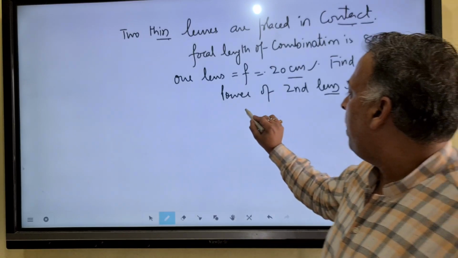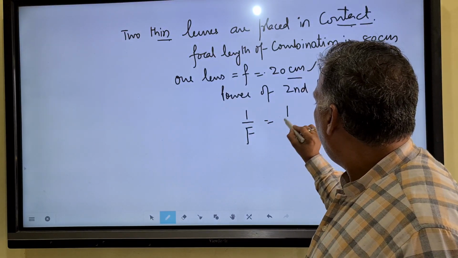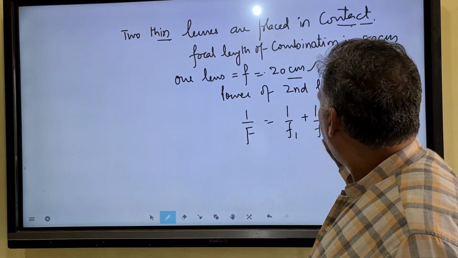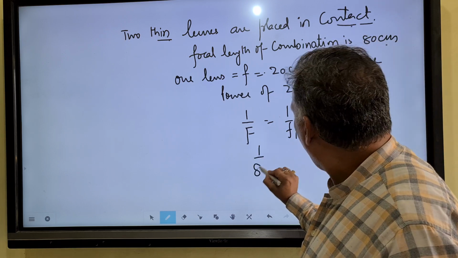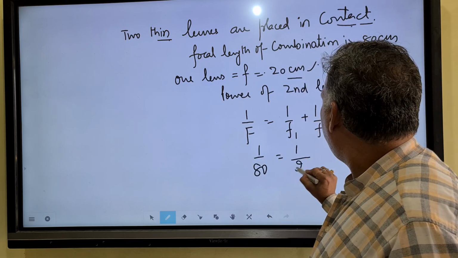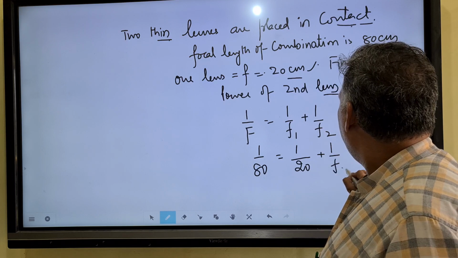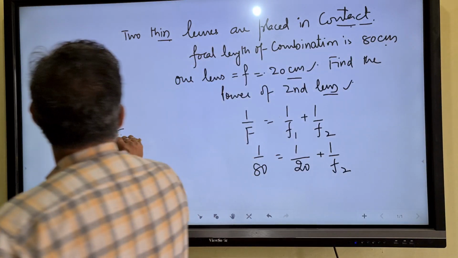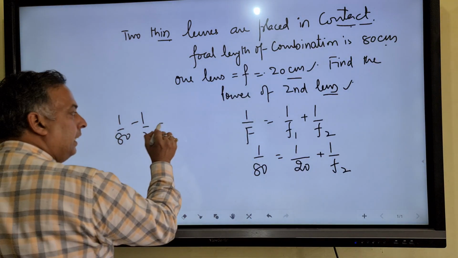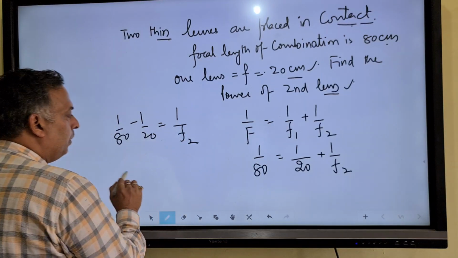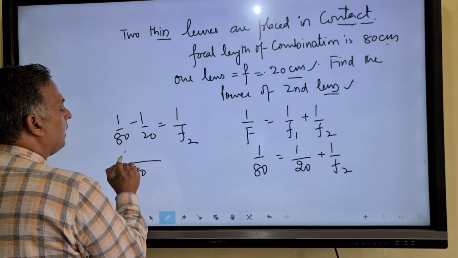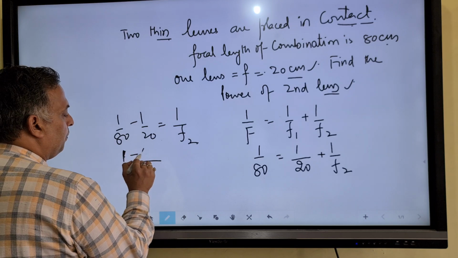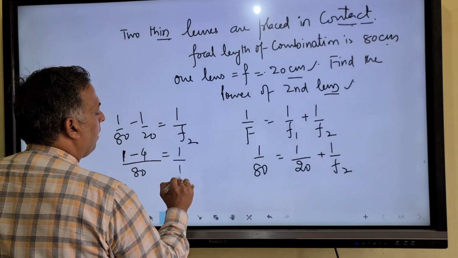Here 1 by f is equal to 1 by f1 plus 1 by f2. There was 1 by 80 equals 1 by 20 plus 1 by f2. So 1 by 80 minus 1 by 20 is 1 by f2. 80 is the LCM, so 1 minus 4 is equal to 1 by f2.